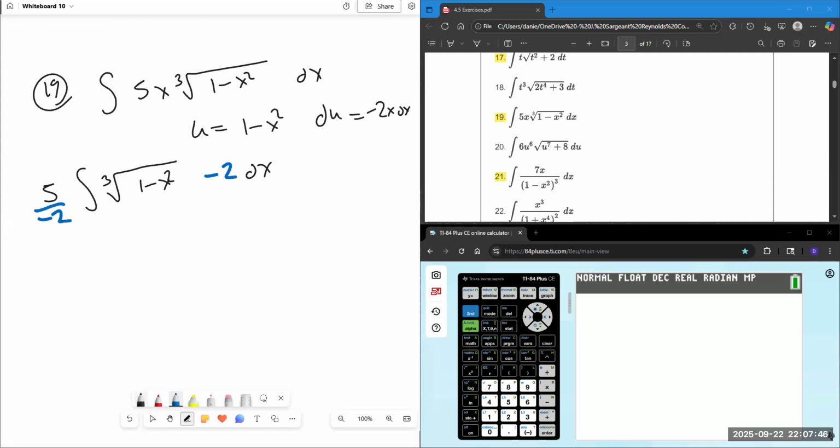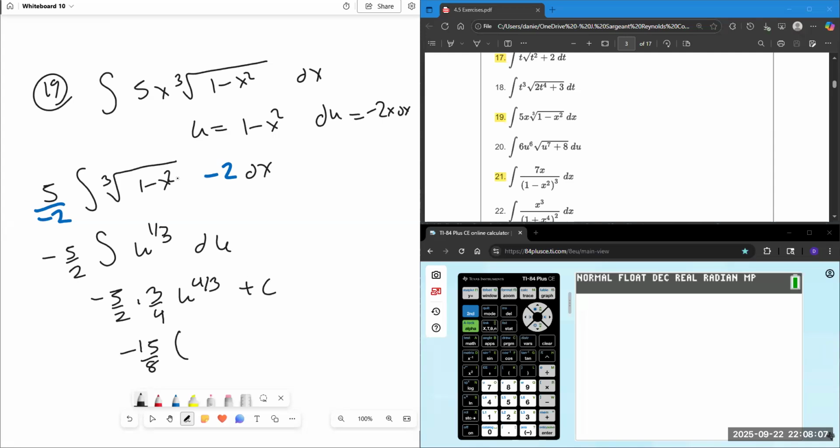That gives me a negative 5/2 on the outside, the integral of u to the 1/3 du. That's negative 5/2 u to the 4/3 times 3/4 plus c, which is negative 15 over 8 something to the 4/3 plus c, and something is 1 minus x squared.